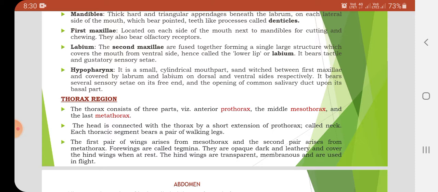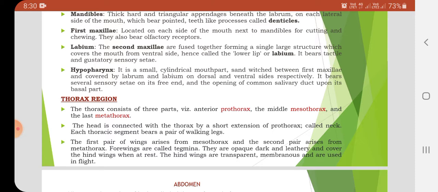The second region of the body is the thorax. The middle region of the body is the thorax. It consists of three distinct segments: the anterior prothorax, the middle mesothorax, and the last is the metathorax. The three thoracic segments are covered by relatively thicker and larger tergites called nota or terga.